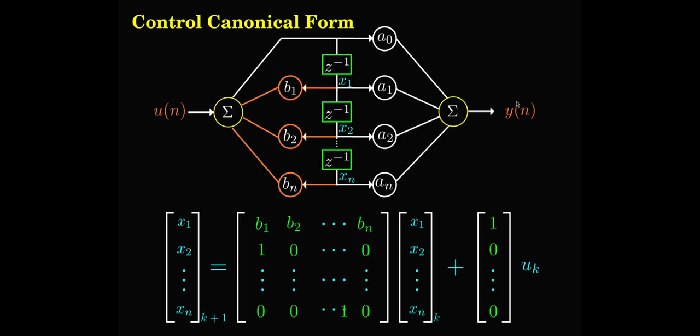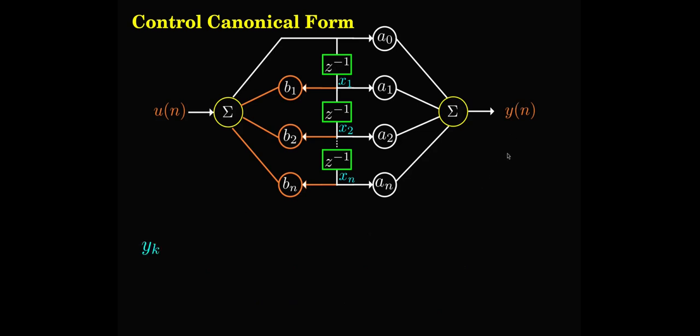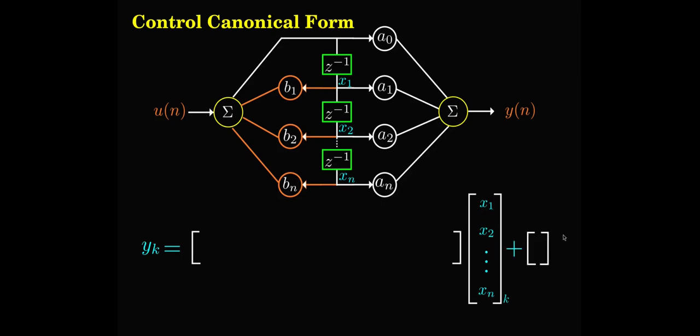What is the output equation? Y of k is nothing but, so this is C xk, x1, x2, xn, plus d uk.